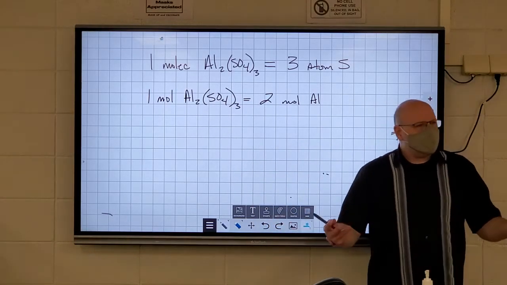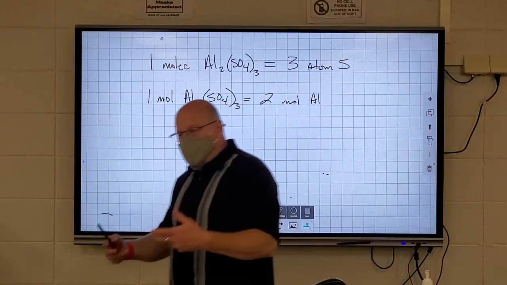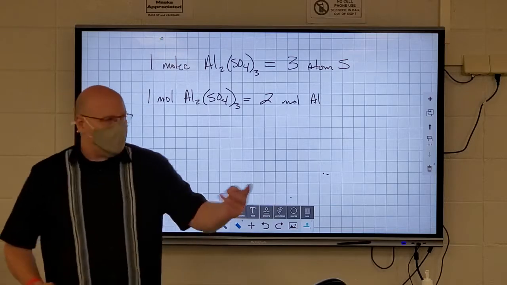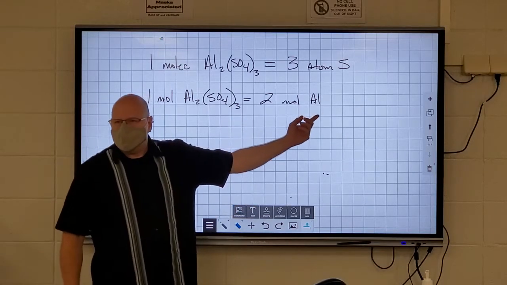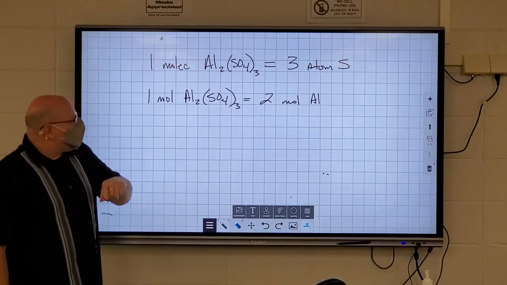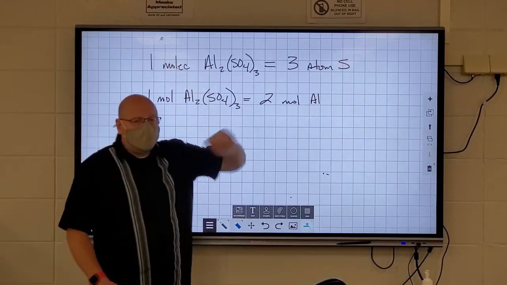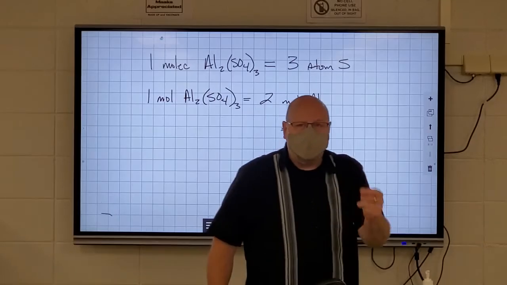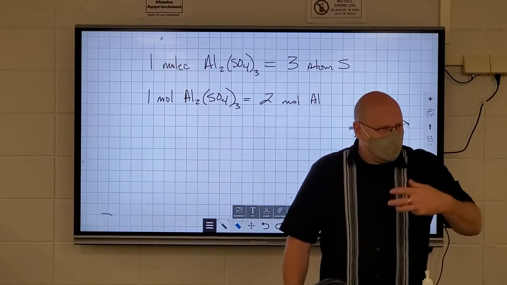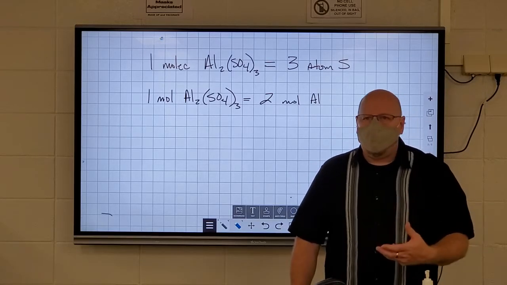So 6.022 times 10 to the 23rd is a mole. 2 times a mole is 2 moles of aluminum. That's all there is to it. It's why I said earlier, we don't use the 6.022 times 10 to the 23rd that often, because usually the unit we're using is the mole.